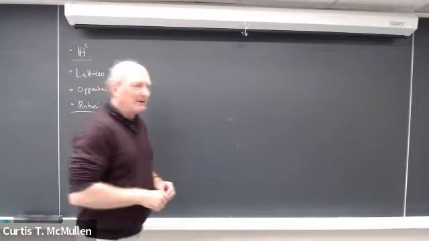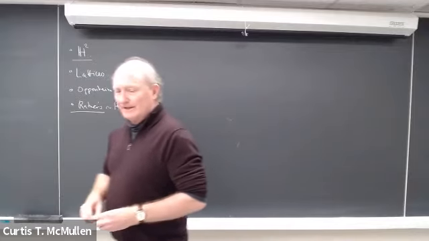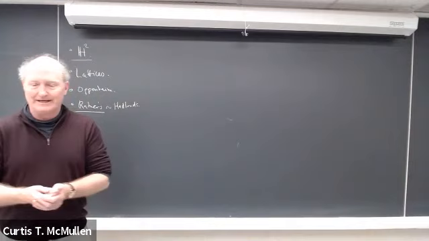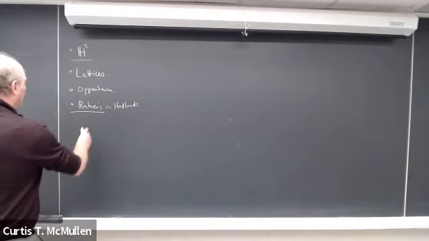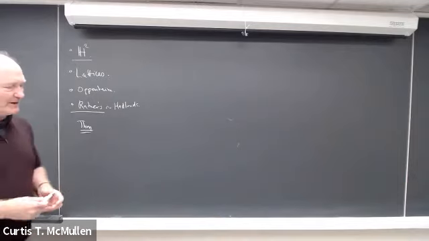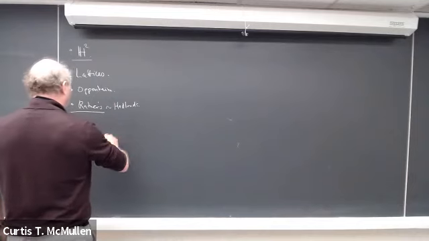Okay, so let me start by saying something about H2, which I've said informally several times, but which deserves to be stated as a theorem. So here's a theorem that shows that hyperbolic space is very different from Euclidean space.